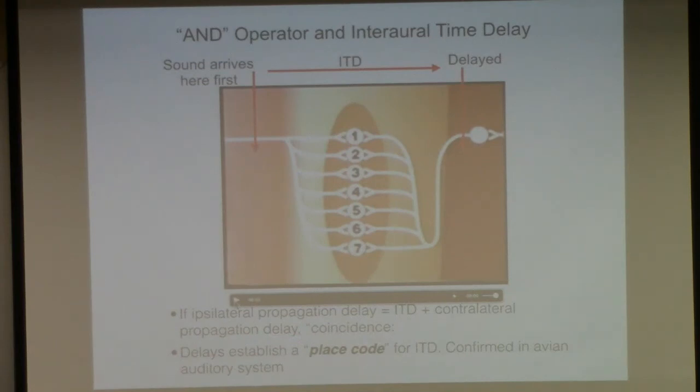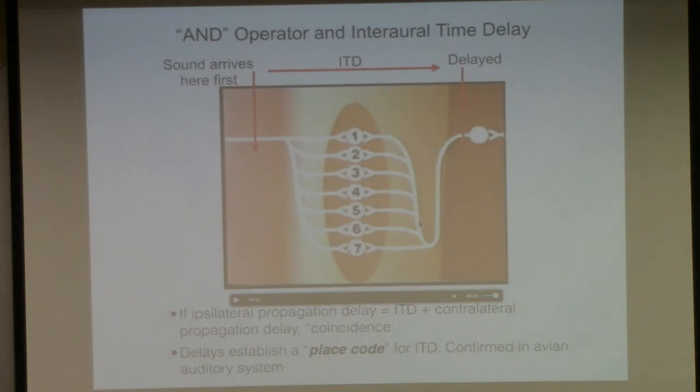And the reason that neuron fires is that due to the differences in travel time along these pathways versus this pathway, each of these neurons will encode a different interaural time delay, and the signals from the two sides must arrive coincidentally to cause that neuron to fire.